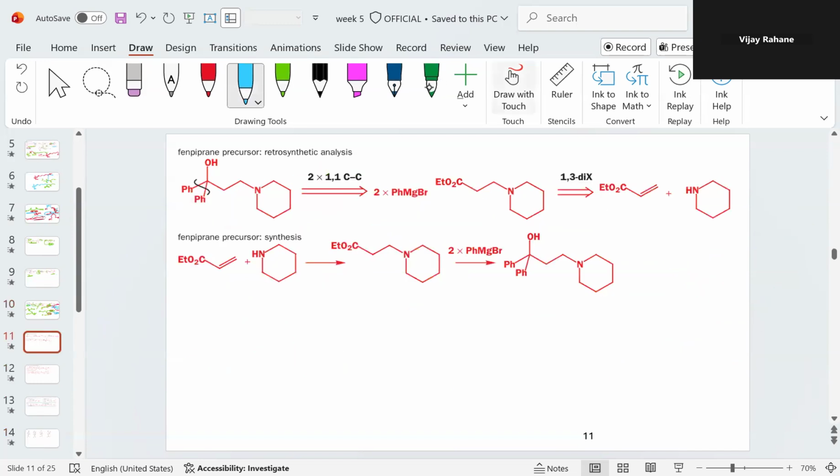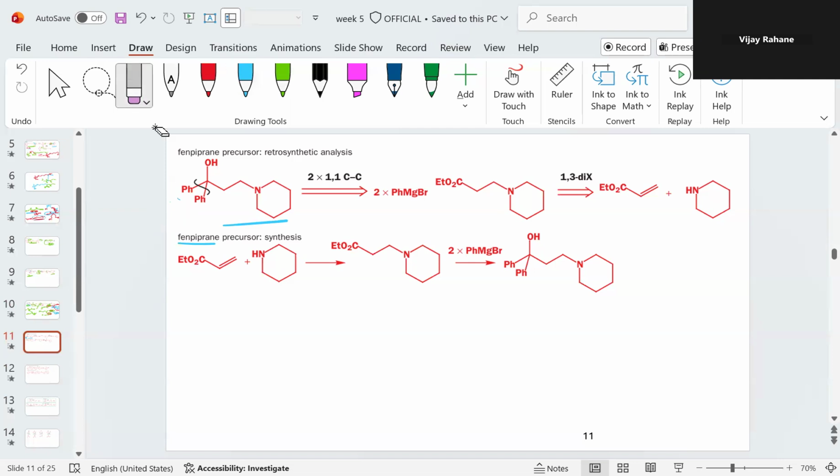Okay, we'll take the third question. So third example, here, this is the Henpirene precursor. Basically, this is a precursor for some of this target molecule.